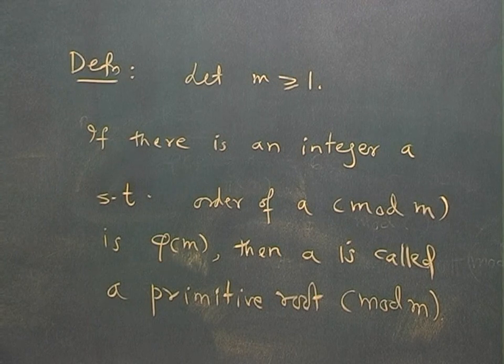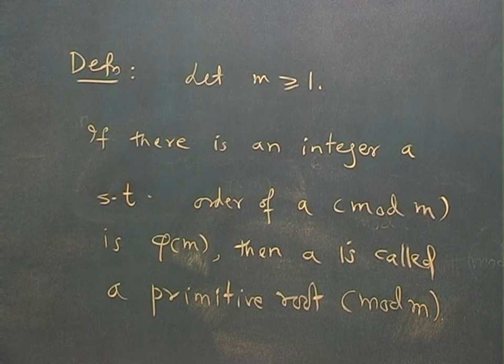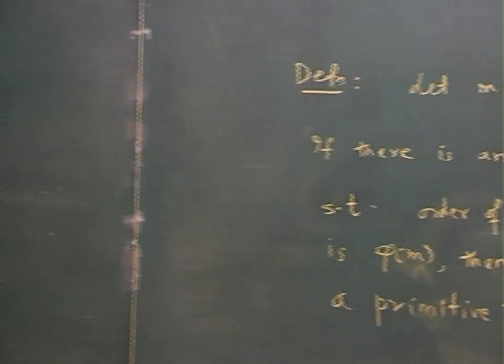And what are the values of m for which a primitive root exists? These values are taken together in this theorem.